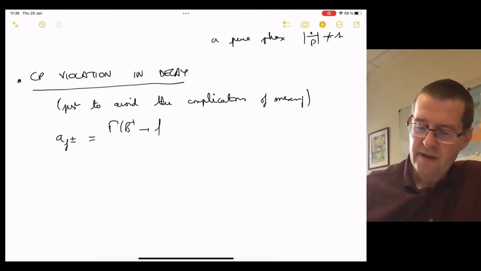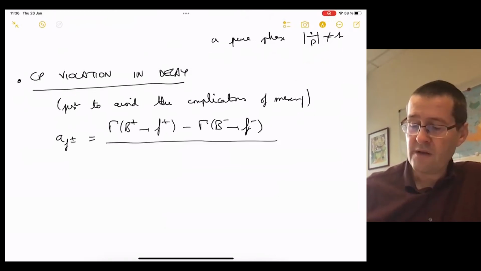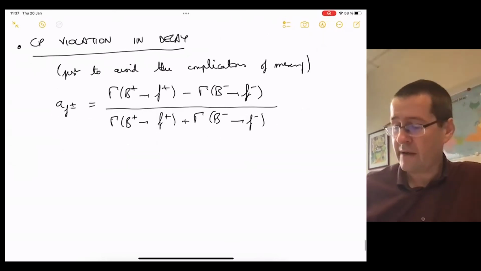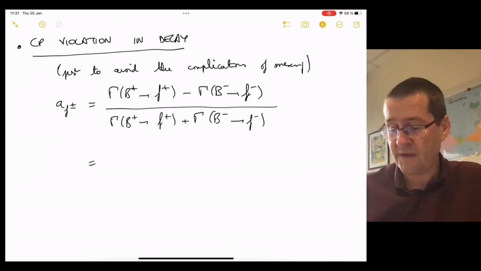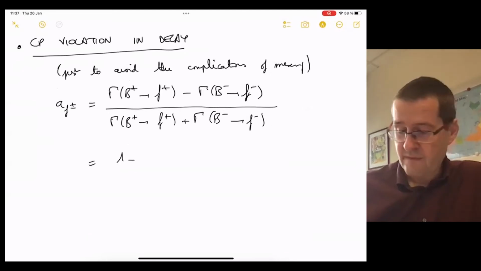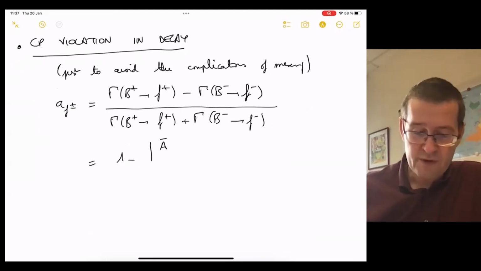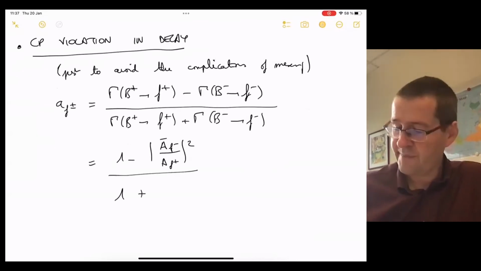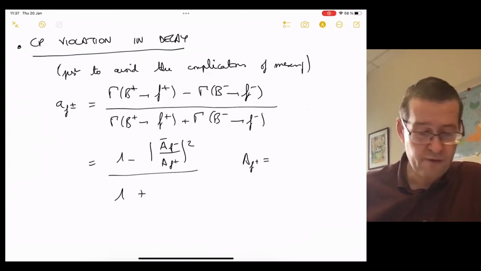But imagine that you've got a B plus this time going into a final state, whatever it is, and you're comparing this decay rate with the probability of a B minus going to the CP conjugate state. For the moment, I'm just writing a tautology. I'm just saying that I can evaluate that if I have knowledge about the corresponding amplitudes.